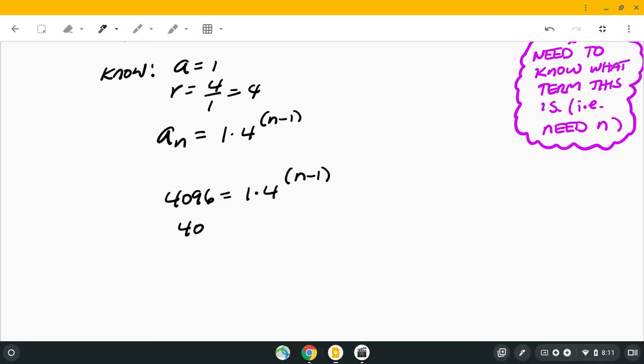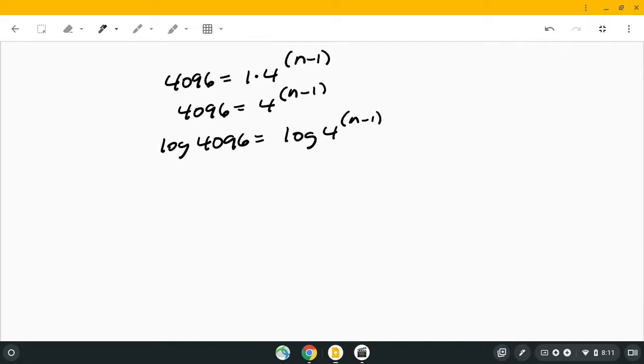Okay, so 4,096 equals 4 to the n minus 1. I'm going to take the log of both sides. Log of 4,096 equals the log of 4 to the n minus 1. Doing this allows me to bring the exponent down to the front. So log of 4,096 equals n minus 1 times log 4.